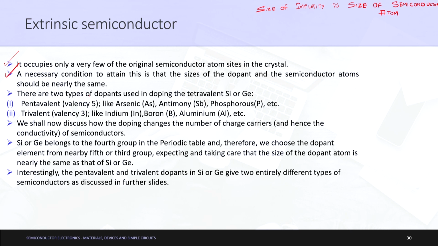Now, there are two types of dopants. Basically there are two types of impurities used in doping the tetravalent silicon or germanium.